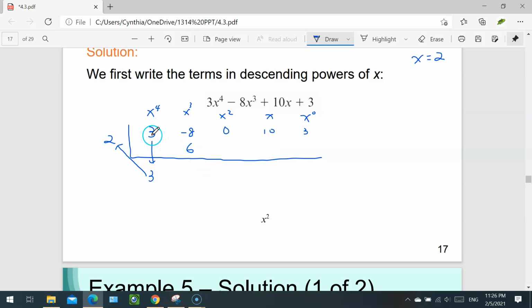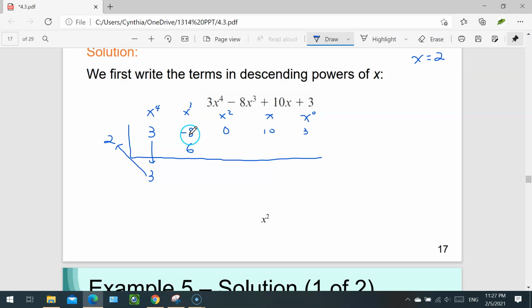So the first term, just pull it down under the line, and then use this term to multiply with the outside number. The product, you squeeze back above the horizontal line, inside the box. I call this a box. I hope that makes sense to you.